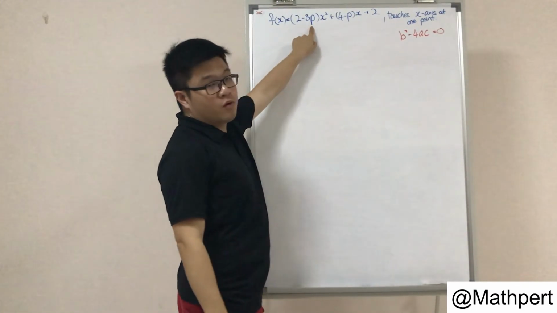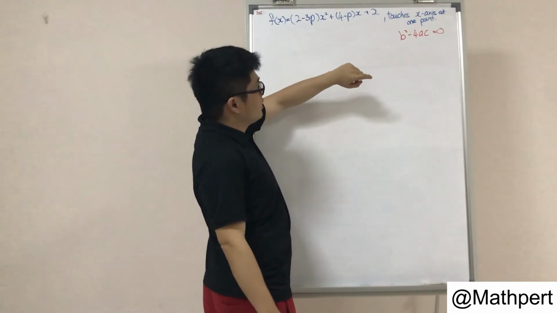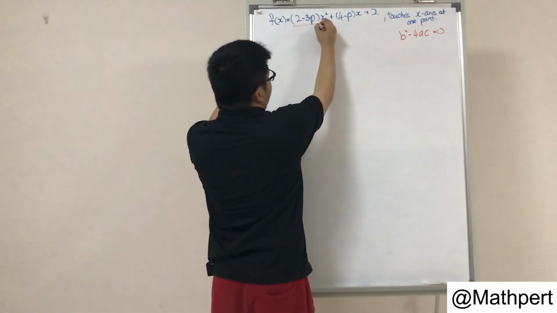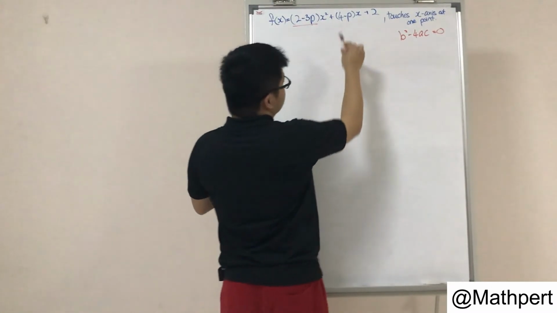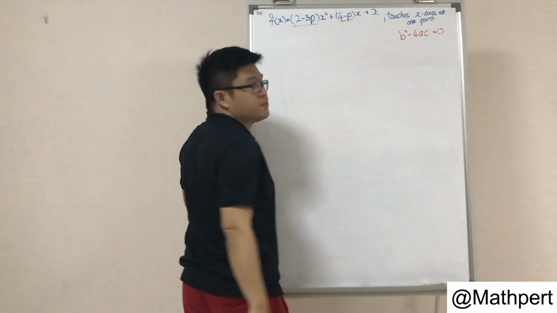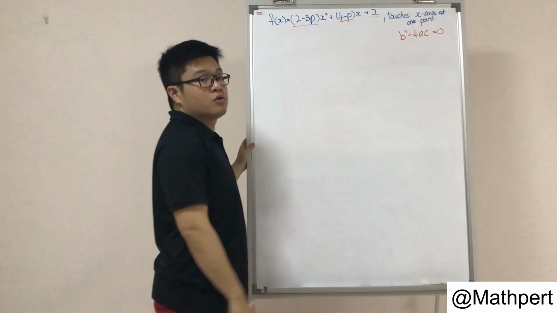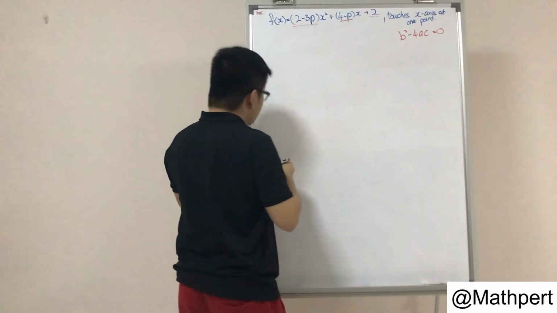We are asked to find the value of p. In this case, A is 2 minus 3p, B is 4 minus p, and C is 2. So we substitute all these into this equation.